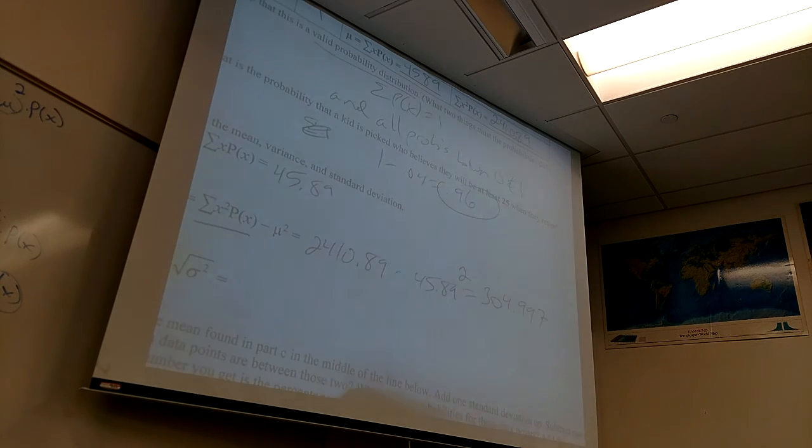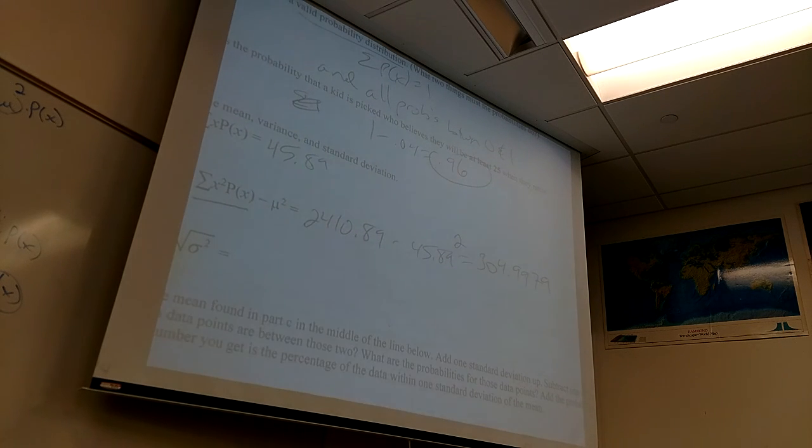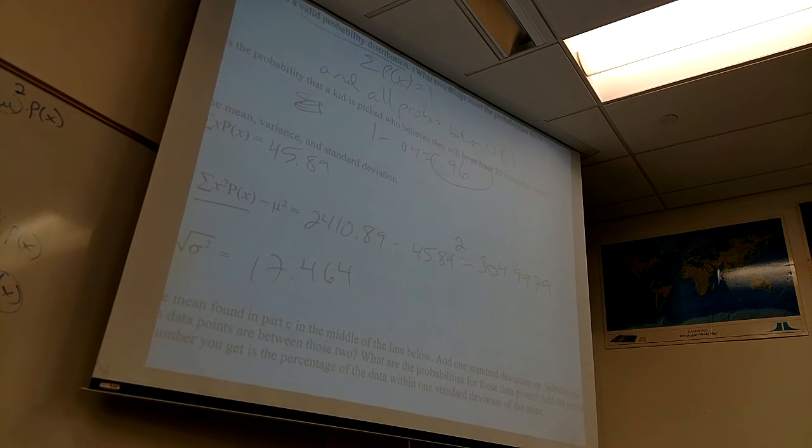Okay. And then how do I get the standard deviation? Square root that bad boy. I like it. 9979. Now if I take the square root of that, what do I get? 17.46. 4642 is good. 4642 I would take too.